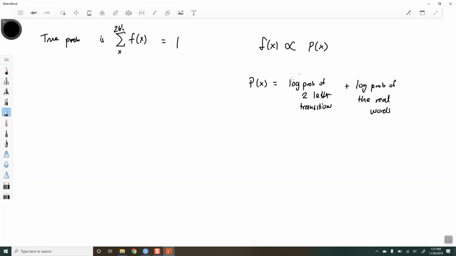And so f of x is proportional to this, but it's got some mystery constant that we don't know, but the Metropolis algorithm only requires the function be proportional. Only requires we have a function that is proportional to the target.